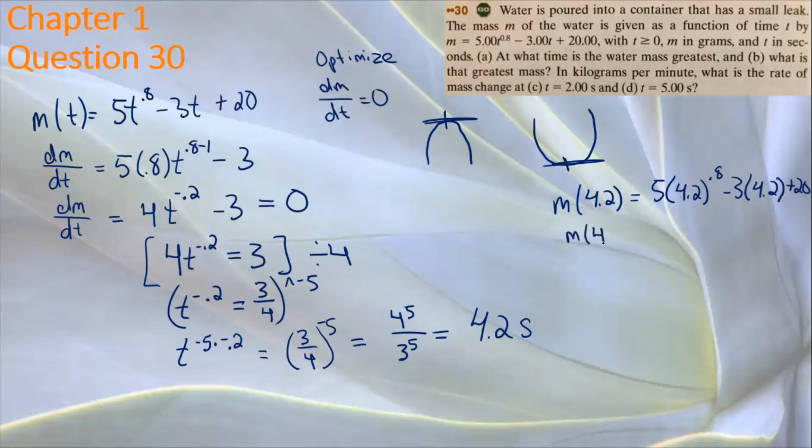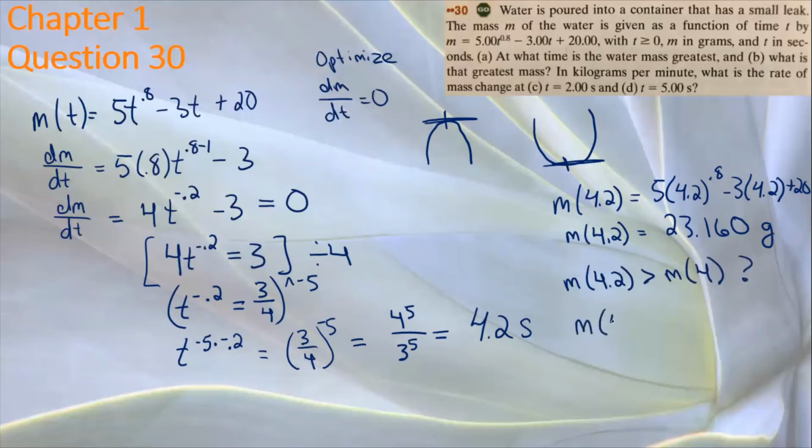And the mass at t equals 4.2 seconds is equal to 23.160 grams. So now we know the mass at 4.2 seconds. We want to test to see if the mass at 4.2 is greater than the mass at 4 seconds.